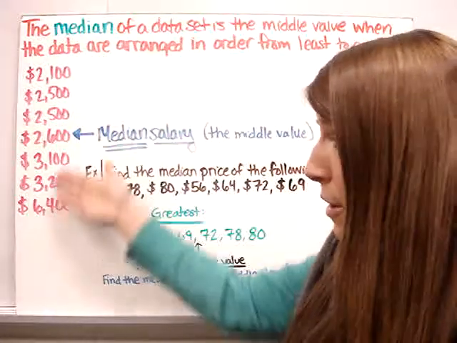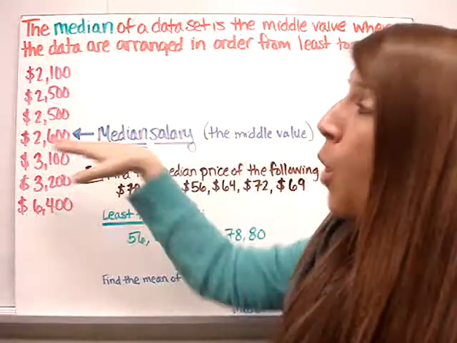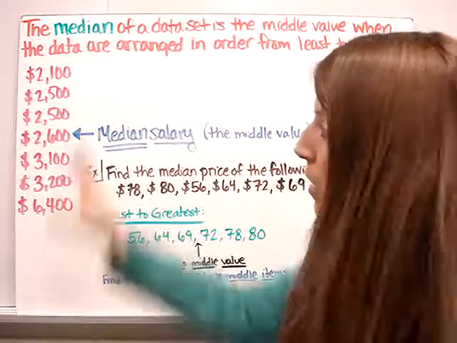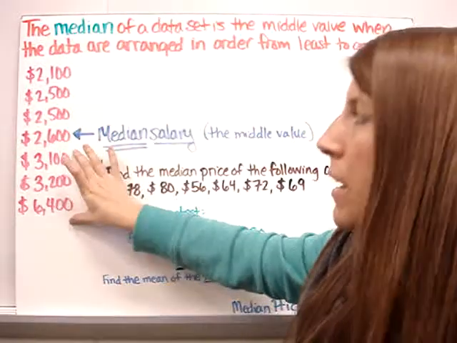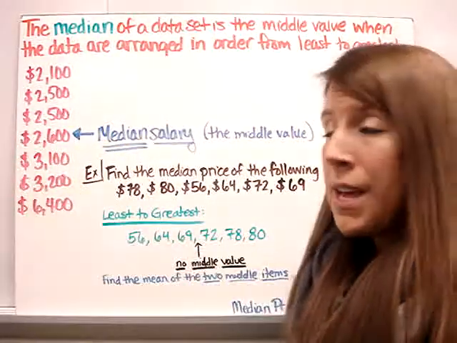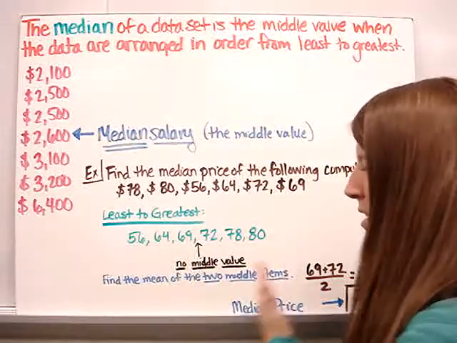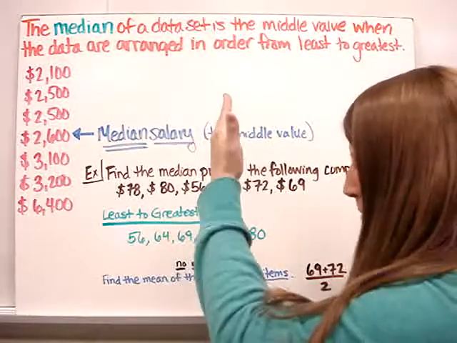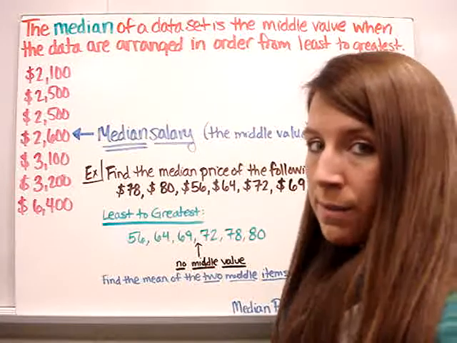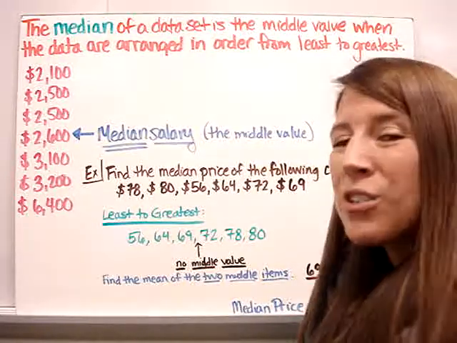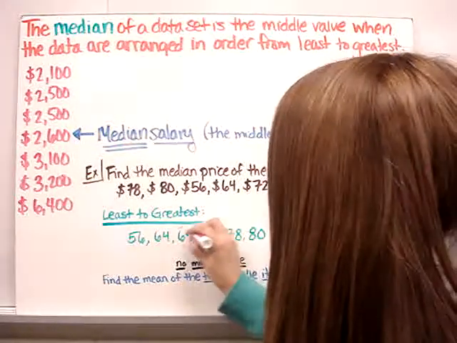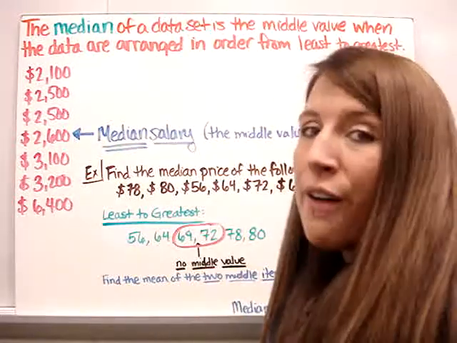Well, if there's an odd number of data values, then there will always be one middle value. There are 3 at the bottom, 3 at the top, and 1 in the middle here. But when we have an even number of data values, there's going to be nothing right in the middle. So what we have to do is take our 2 middle values and find the mean of them.